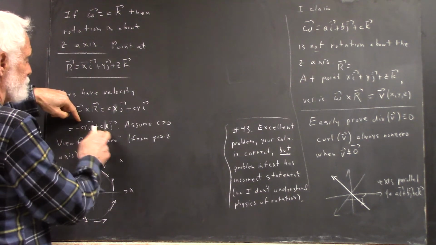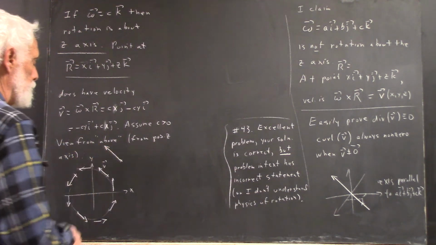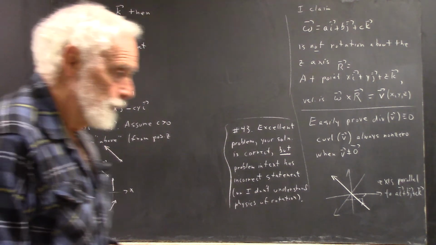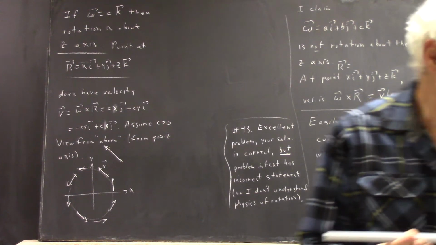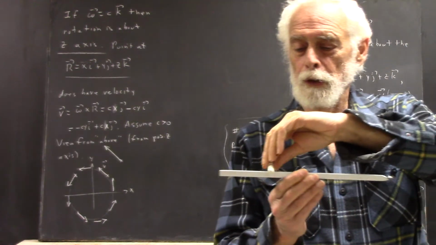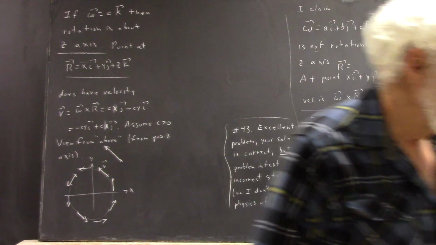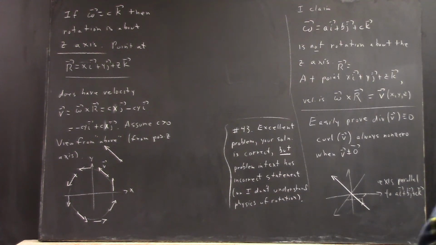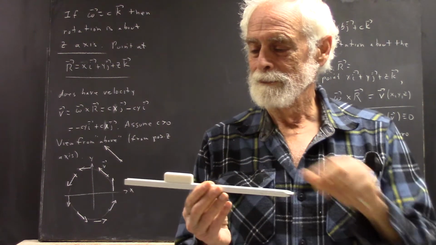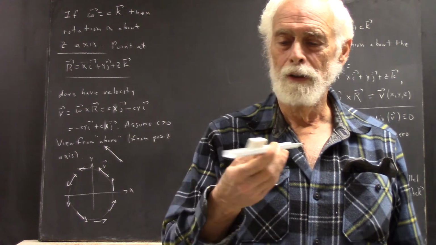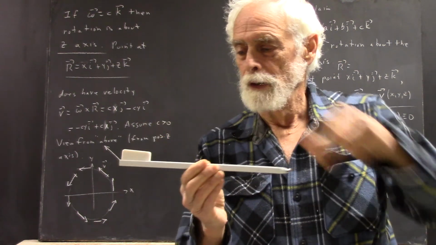They'll still be equal and opposite at this point, so you're going to have a greater velocity out here, and all the way around the circle. And that just corresponds to the fact that if this thing is rotating at constant angular velocity, then a domino close to the center is going to be moving more slowly than a domino twice as far out.